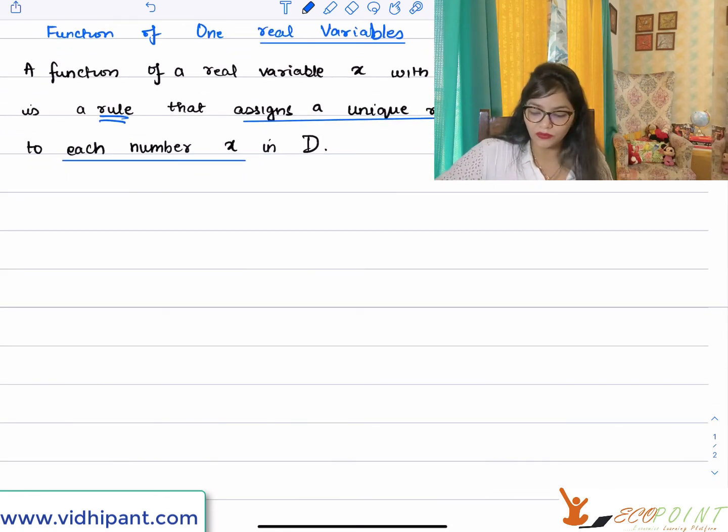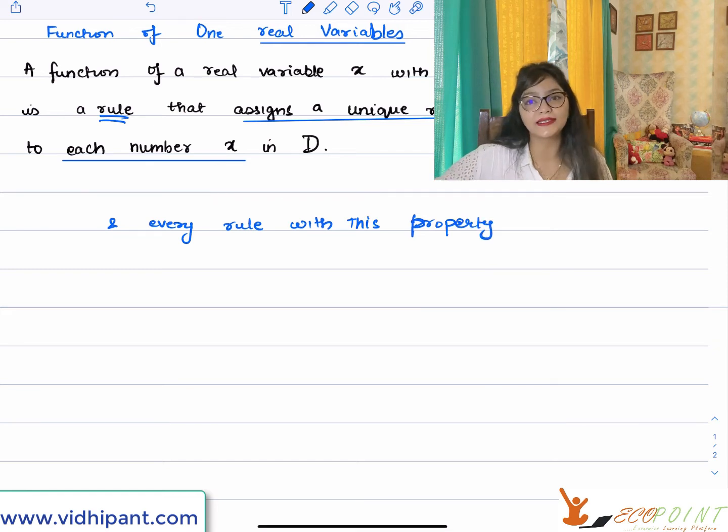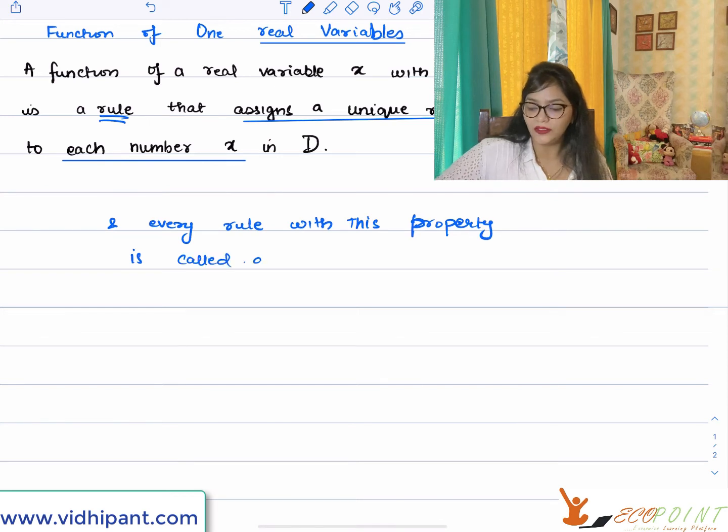Just remember that every rule with this property, that to each x in the domain the rule gives a unique output, is called a function.